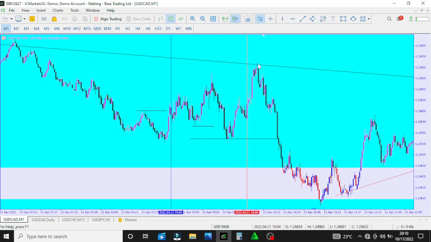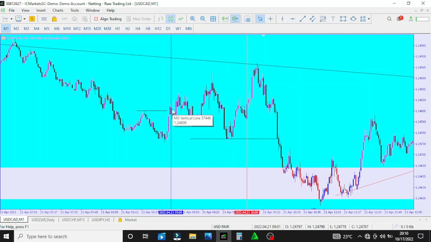The price went on to manipulate and created the liquidity, the trendline liquidity, and went on below, and other people were buying at this point to take these equal highs, sorry, these equal lows, and the London session went on to manipulate.